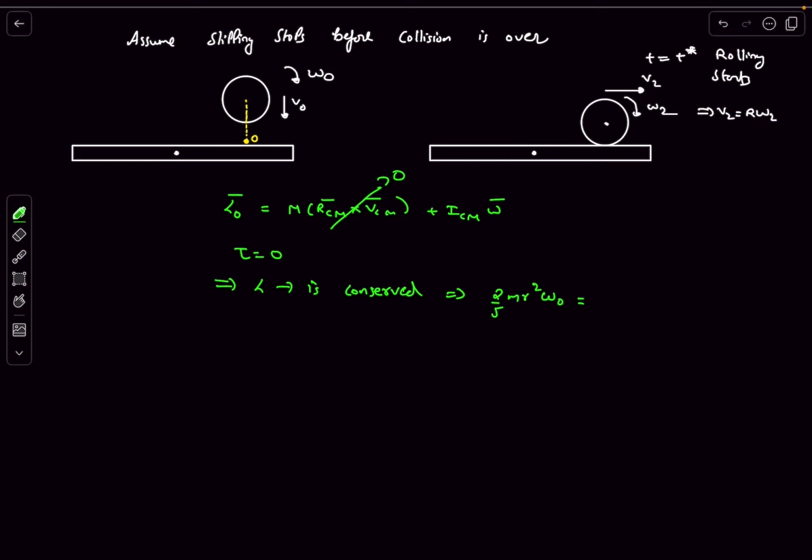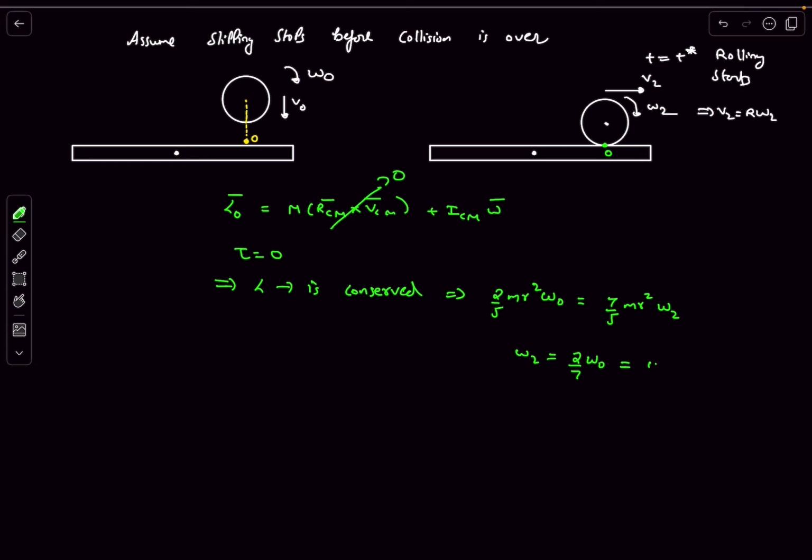Finally, again guys, it starts pure rolling, that was our assumption. When it starts pure rolling, this is simply like the instantaneous center of rotation, which means I can write the angular momentum about O as I about the instantaneous axis of rotation times omega. All we have to do is add mr squared. So this will become 7 by 5 mr squared, and from here omega 2 comes out to be 2 by 7 omega naught, and omega naught was given as 35.